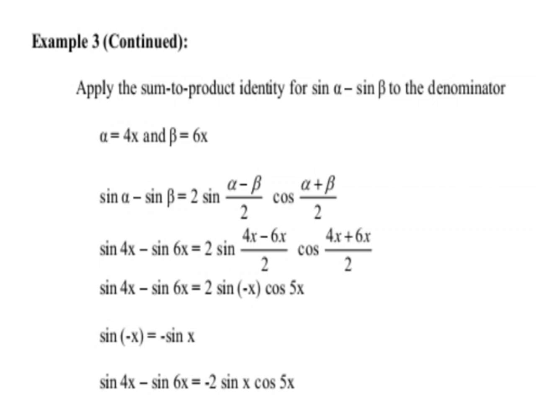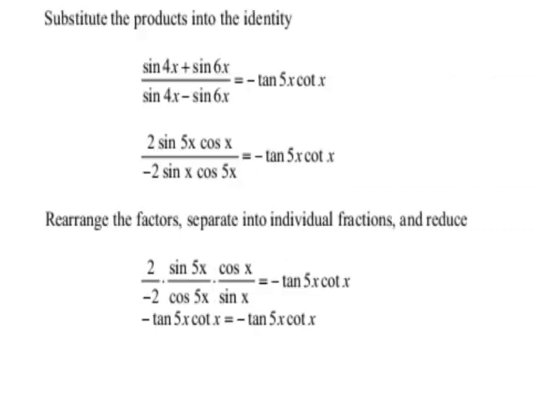Then sine 4x minus sine 6x is equal to 2 sine of (4x minus 6x) over 2 and cosine of (4x plus 6x) over 2. Then sine 4x minus sine 6x is equal to 2 sine of negative x cos 5x. Sine of negative x is equal to negative sine x. So the answer is sine 4x minus sine 6x is equal to negative 2 sine x cos 5x.